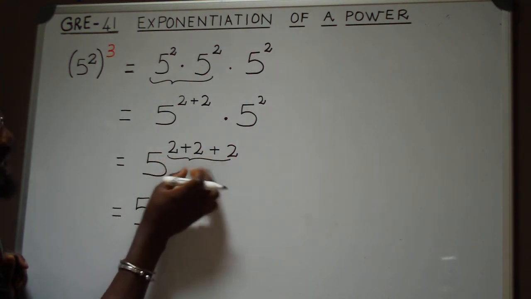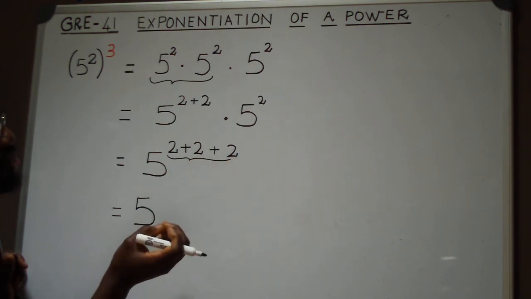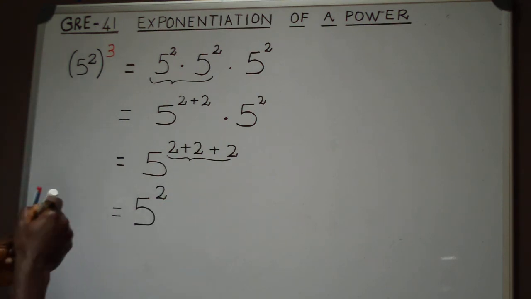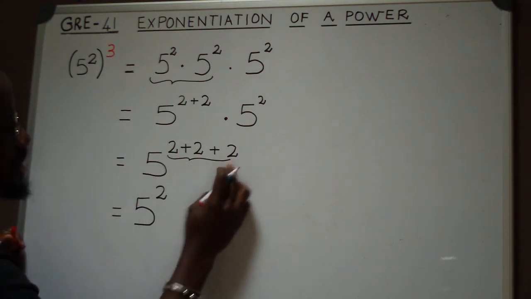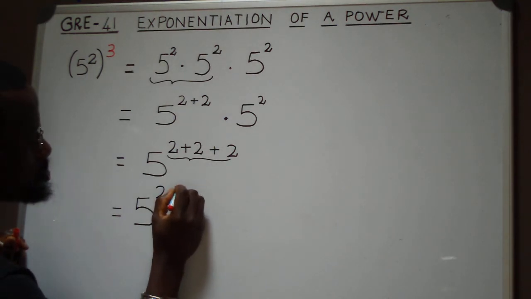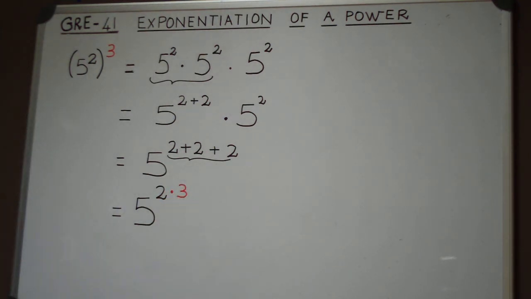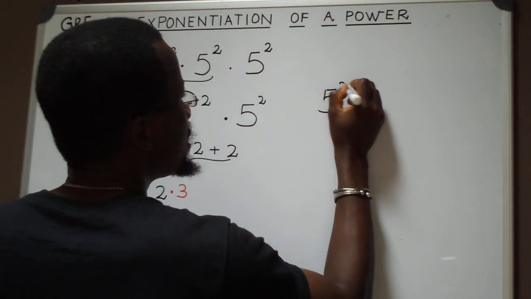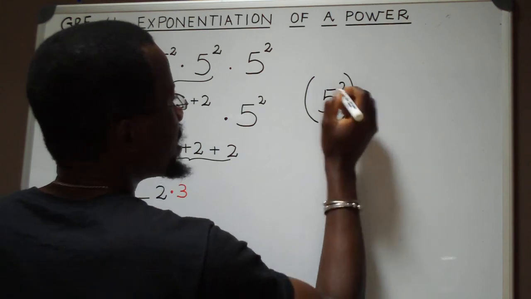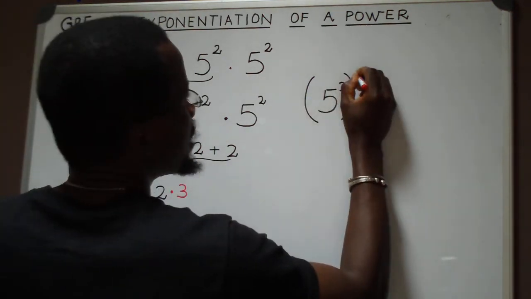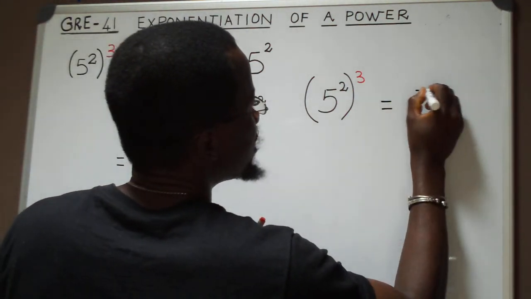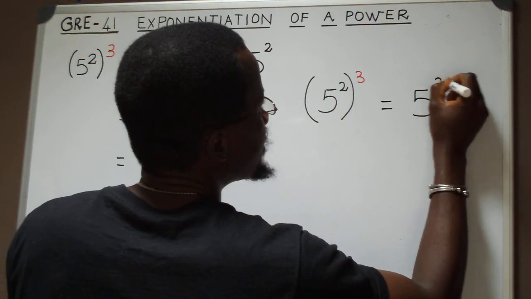If we have a repeated addition of 3 terms, each equal to 2, that gives us 2 multiplied by 3. So I'm going to abbreviate this expression by writing 2 multiplied by 3. Finally, if I summarize all this, 5 to the exponent 2, then this power raised to the exponent 3, is simply equal to 5 raised to the exponent 2 multiplied by 3.